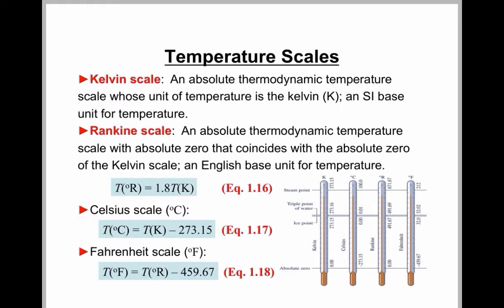Centigrade is a Kelvin scale, but relative to essentially our usage of the freezing temperature of water, or our 0 degrees C. And the Fahrenheit scale, similarly, is at the freezing temperature of water.